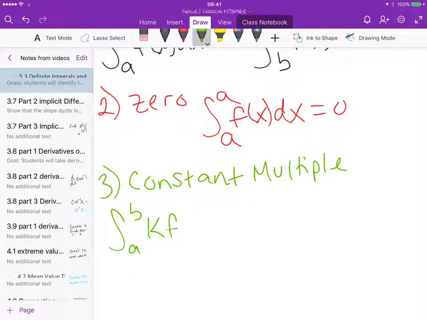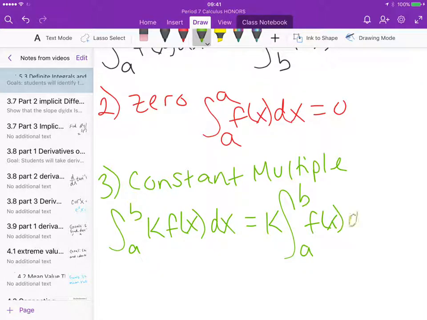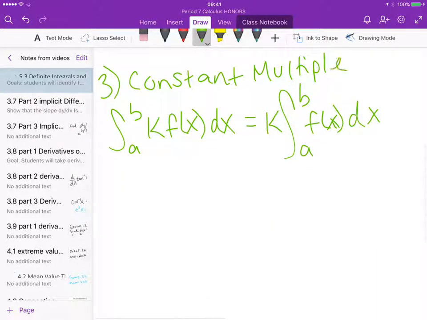You can take your constant on the outside of your integral. This is going to help us in the future to make our lives a lot easier when finding the antiderivatives of functions. That's 3 down.